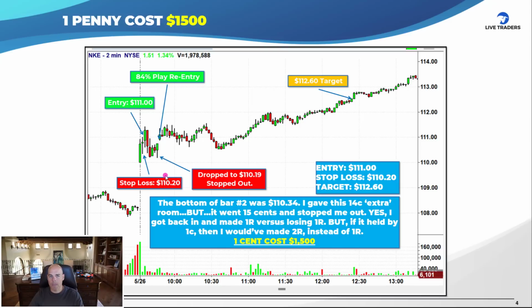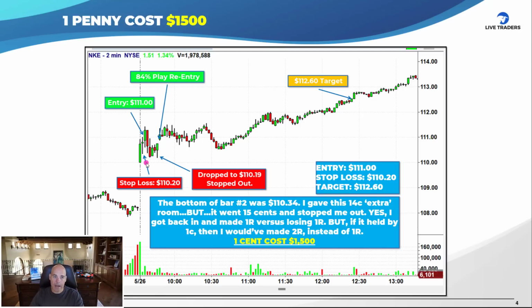Why is it important? Because the bottom of this tail was 110.34. I gave it 14 cents. I didn't hug up to this bar, right? I gave it room, okay? I gave it 14 cents of extra flexibility, all right?